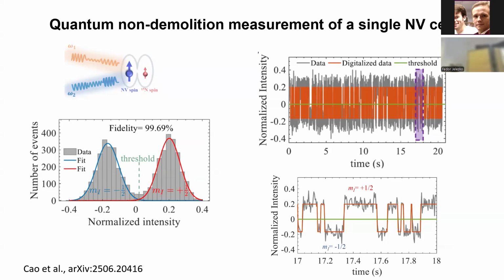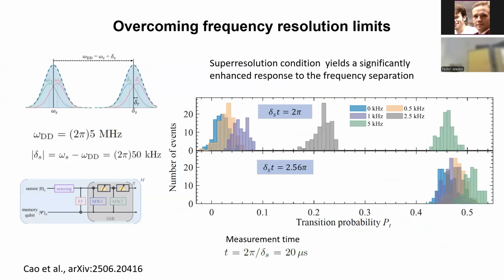And so now this protocol can be applied. We apply a spectrum with different frequency components, and we watch the probability of the NV-center spin to be flipped. So for a single frequency, there is no flip, and we plot this transition probability.